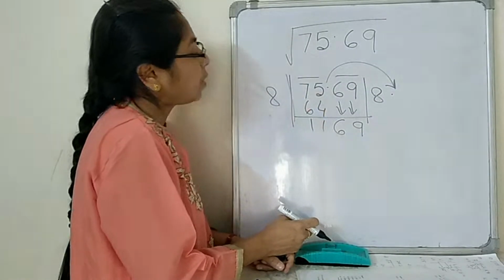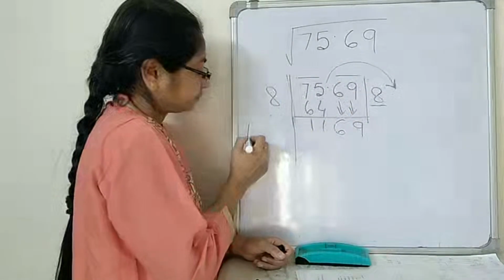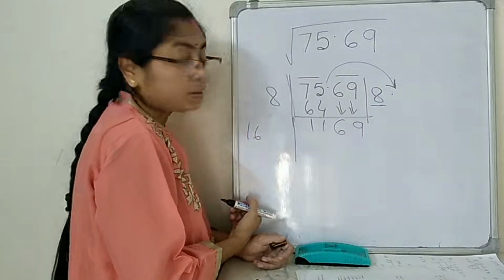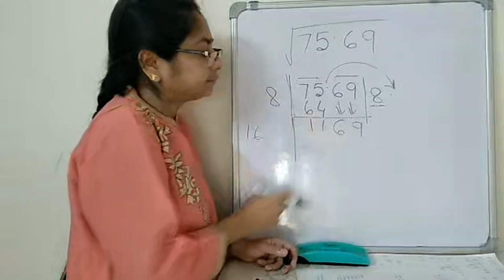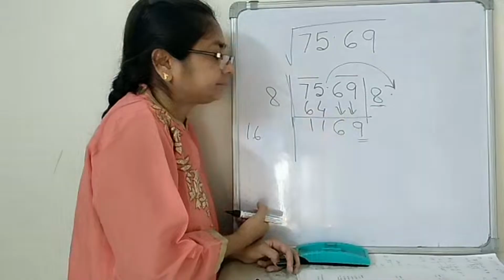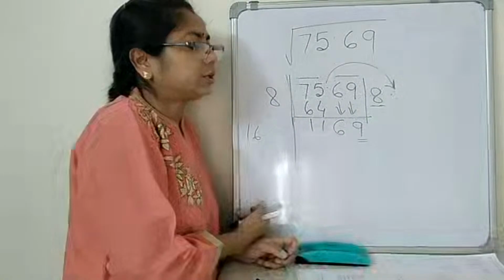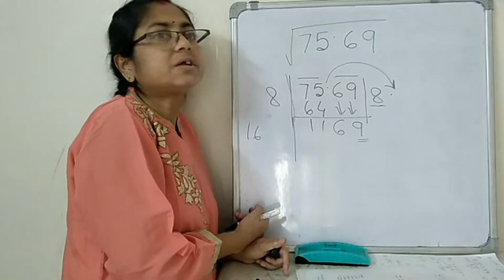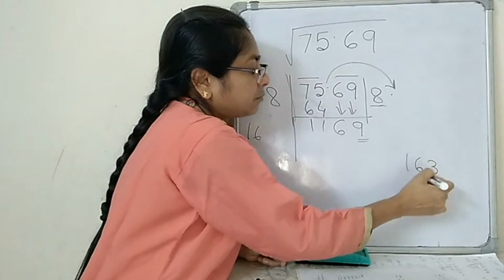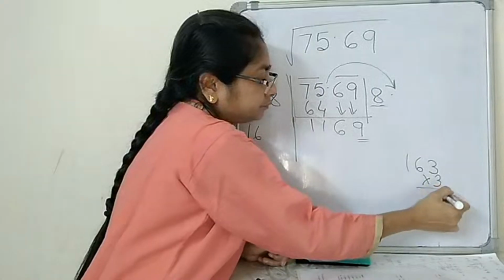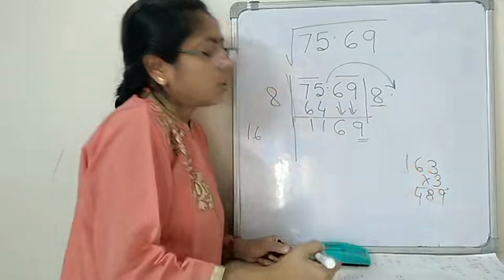Okay. Now what are you doing? 8 doubled is 16. Now check. You put any number and multiply by the same number. What is the number? 9. So you check whose square gives 9 in the unit place. 163 into 3 is 489.